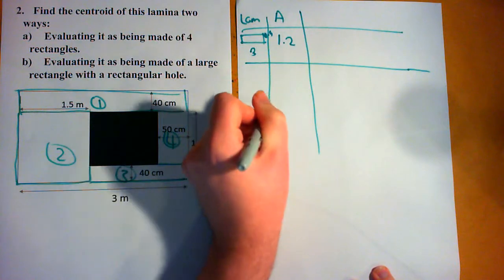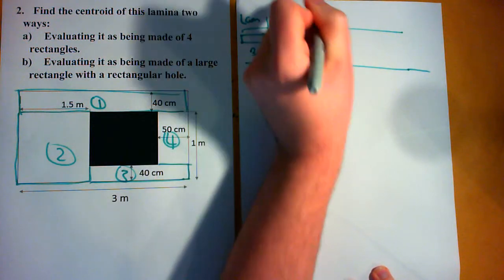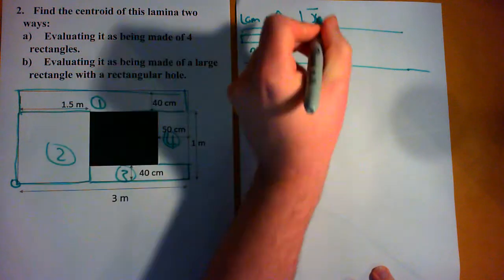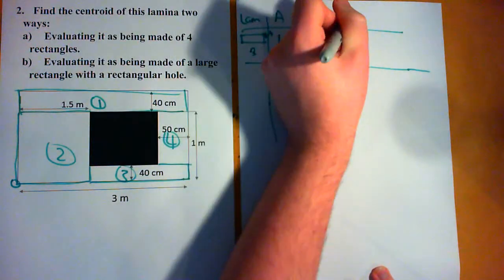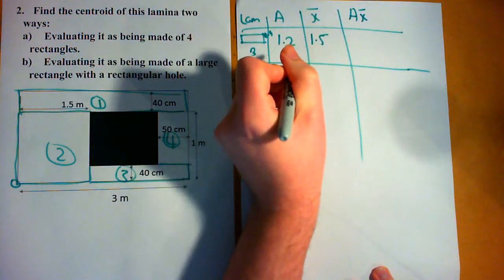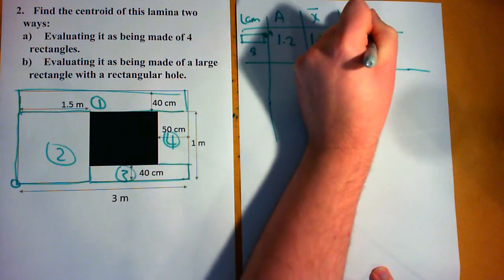We need to find out where its centre is in the x-bar direction. Well, it's 3 metres long. Our origin is going to be in this bottom left corner. So x-bar here will be 1.5 metres. Then we've got A times x-bar, which is 1.2 times 1.5 is 1.8.